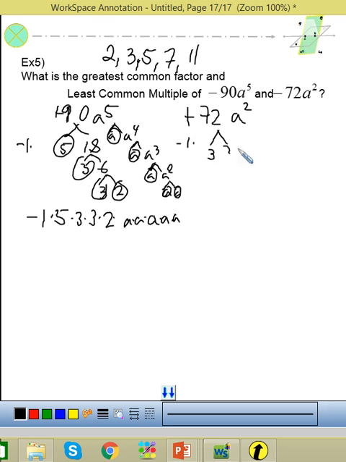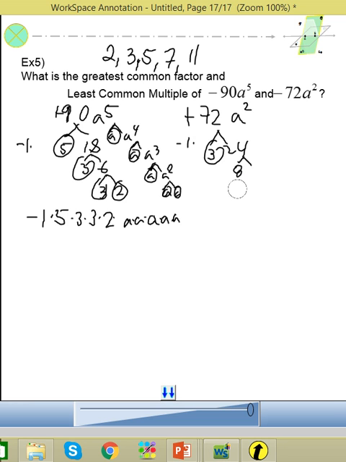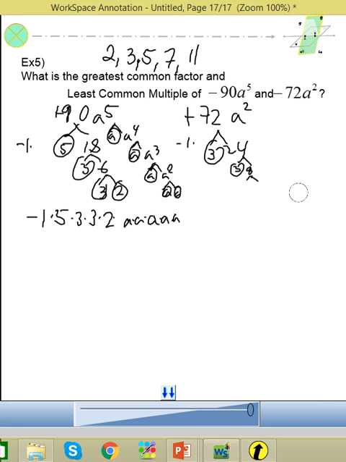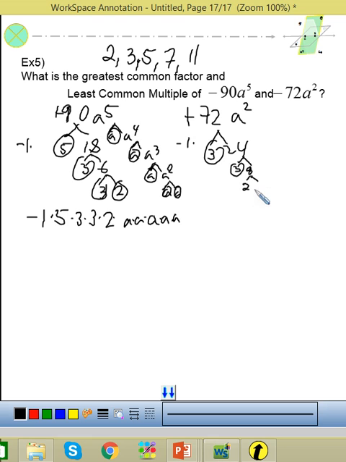We got 3 times 8, 2 times 4, and this is 2 times 2. So this is 3 times 3 times 2 times 2 times 2. And this is A times A. And it's a -1 at the beginning.